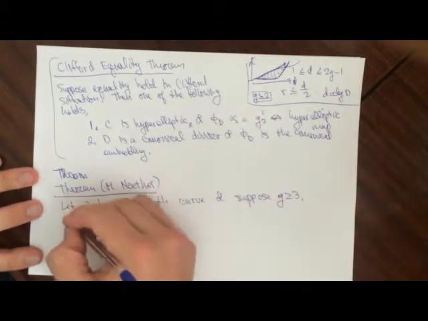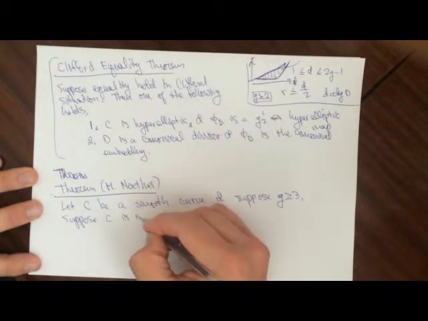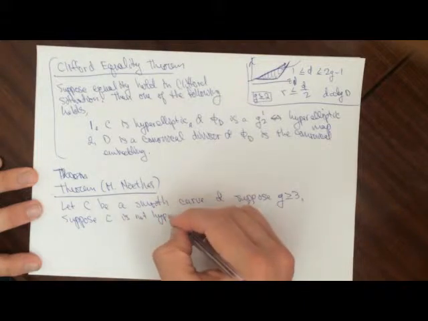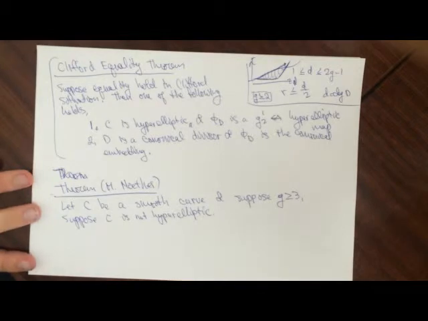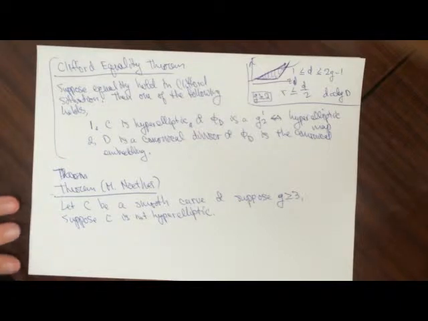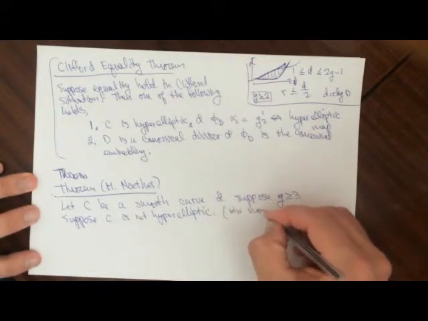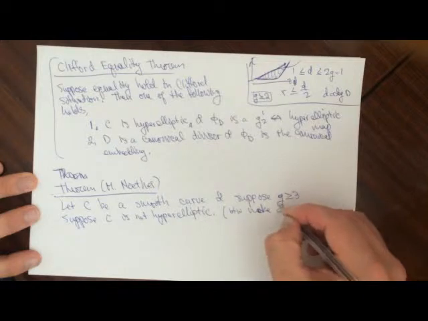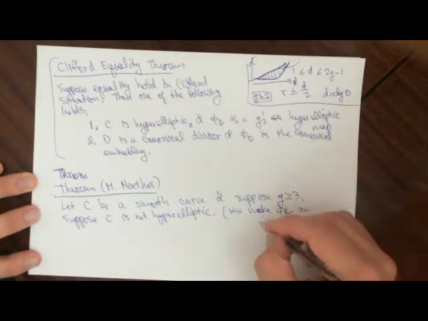Okay, and suppose that in addition, C is not hyperelliptic. Okay, so we're supposing it's not hyperelliptic, so that the canonical map, so the map associated to the canonical divisor is an embedding. So this makes phi_K of C an embedding.